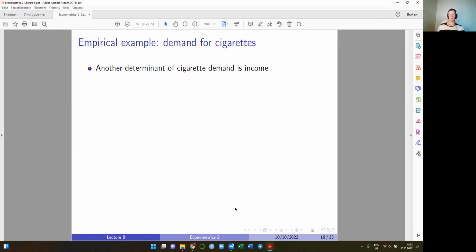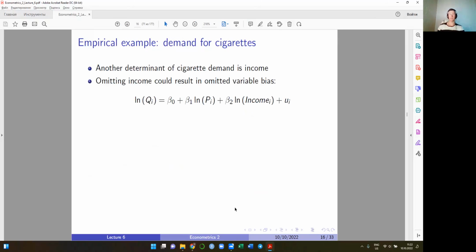As Vlad said, another omitted factor that affects quantity demanded for cigarettes is income. So we can explicitly include income into this regression equation. And also we can use the logarithm of income to have income elasticity. So if income increases by 1%, how much percent does quantity demanded increase?